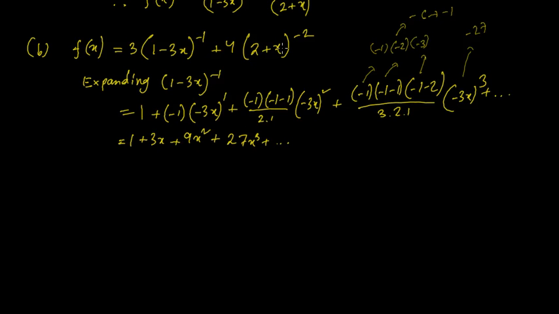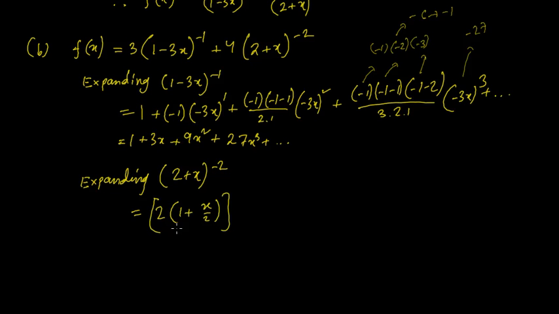Next we have (2 plus x) to the power minus 2, expanding. Remember, you cannot expand it unless this is 1. So we have to take 2 common. It would be (1 plus x by 2) and the whole power is minus 2. Be careful about this. So 2 to the power minus 2, meaning 1 by 4, and this would be (1 plus x by 2) to the power minus 2.